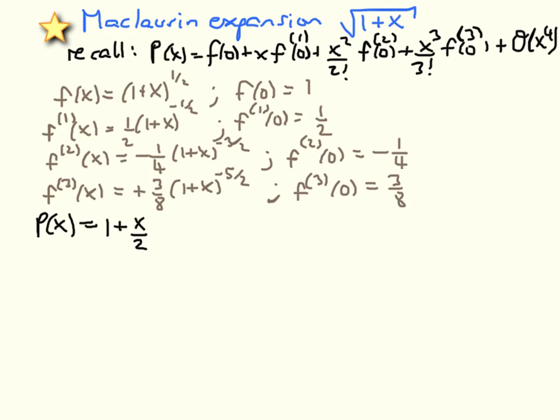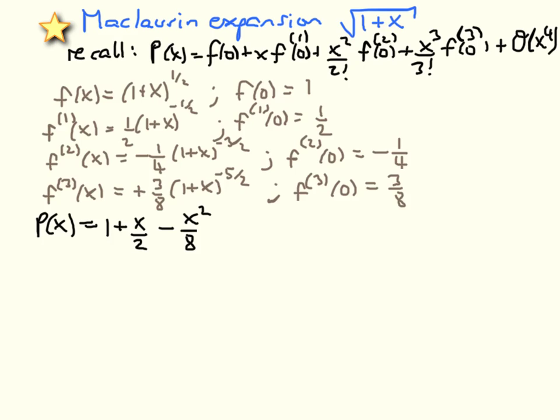The next term is x squared over 2 factorial multiplied by the second derivative evaluated at 0, so that's minus a quarter times the 2 factorial on the bottom, so we're going to get minus 1 over 8. So we have minus x squared over 8.